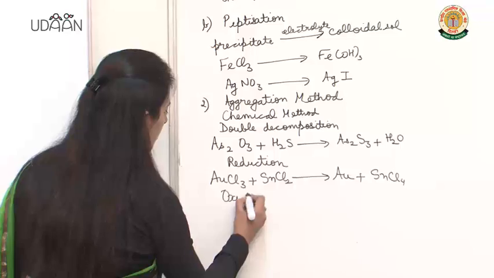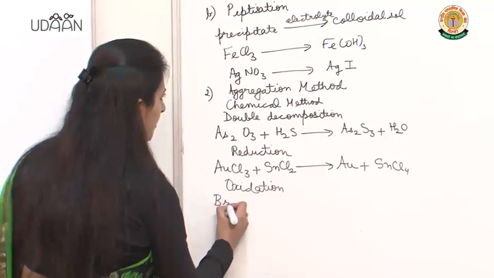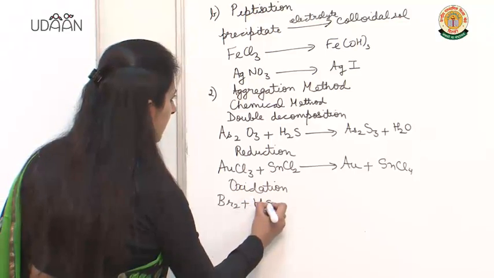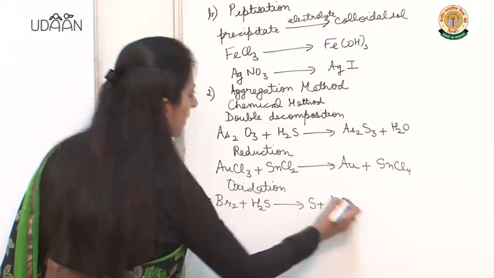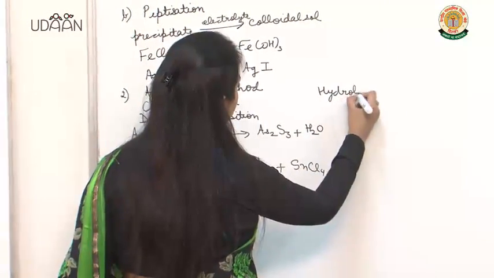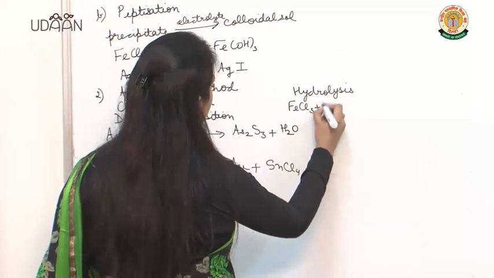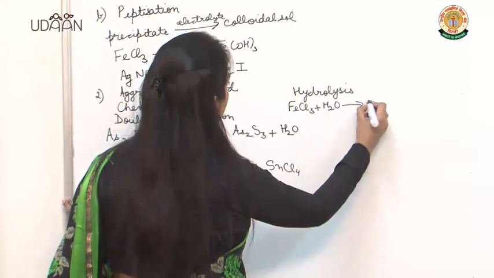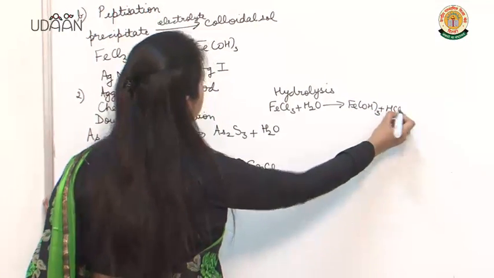Then we use oxidation to prepare sulfur sol. Br2 plus H2S gives sulfur plus HBr. And we use hydrolysis to prepare ferric hydroxide sol, that is FeCl3 plus H2O gives Fe(OH)3 plus HCl.